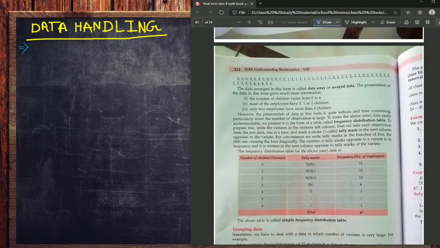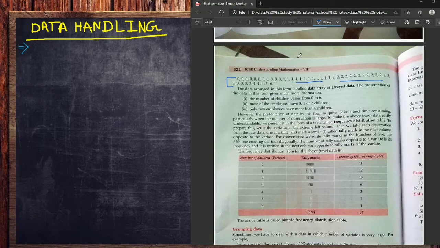Alright, so as you can see over here, look at all the raw data. That is 0, maybe it is 11 times 0, then 12 times 1, then 13 times 2. I mean, so many zeros, 1, 2, 3, and 4, and also 5, 6 are there. So if I told you to arrange all those data, how can you do that?